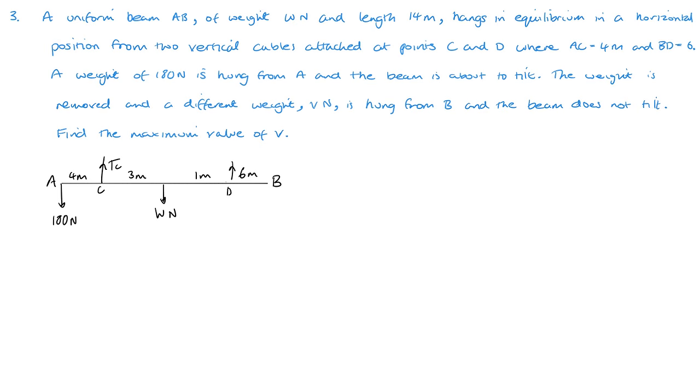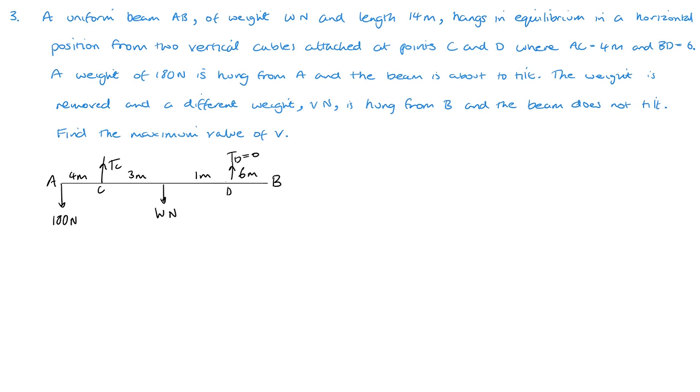So we've got TC, but TD equals 0. Okay, at one point, and then we've got the weight is removed and a different weight is hung from B and the beam does not tilt. Find the maximum value of V.